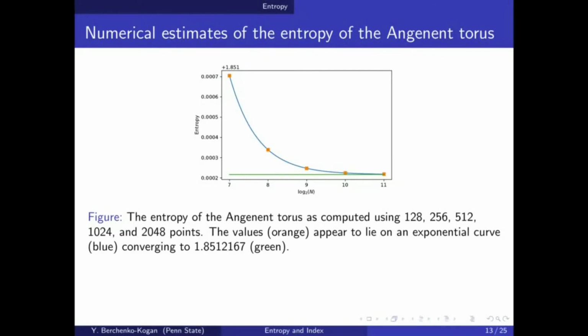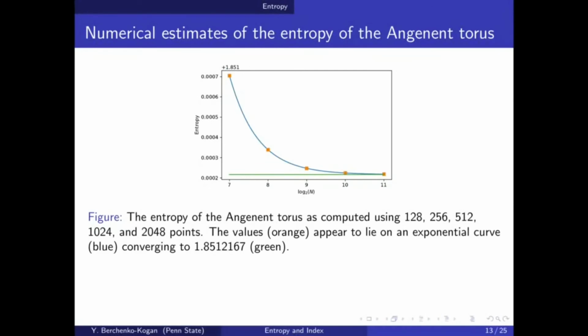Here I'm showing what happens as we add more and more points to this discrete curve. We can approximate this continuous curve with 128 points, or go all the way up to 2048 points. We expect that as we do that, the accuracy of our computation of the critical value should increase.